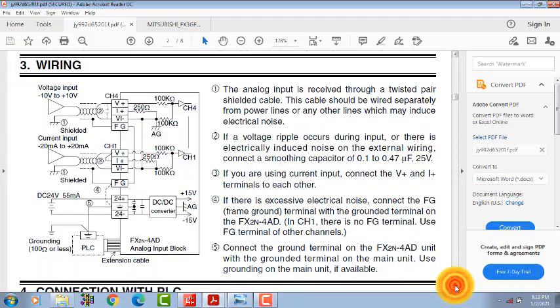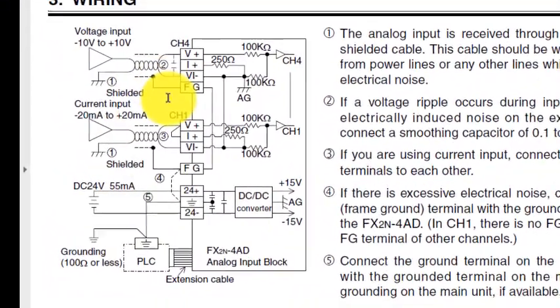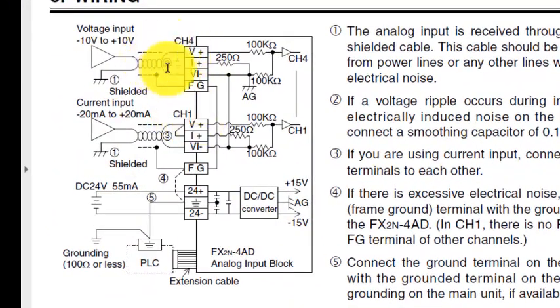This wiring diagram is very important. You can see the wiring of channel number 4 and channel number 1. This is the FX2N 480 module, and this is the 24 V supply of this module. If your voltage input is minus 10 volt to plus 10 volt, then you have to use only V plus and VI minus.